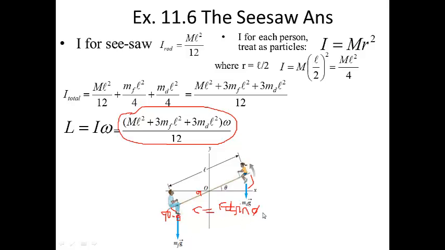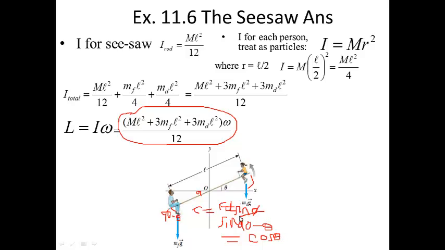So remember that the sine of 90 minus theta is going to be equal to the cosine of theta.